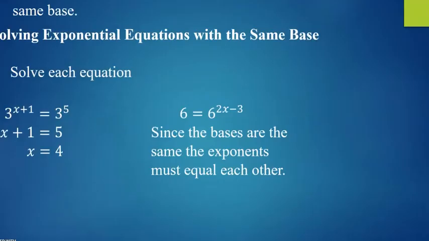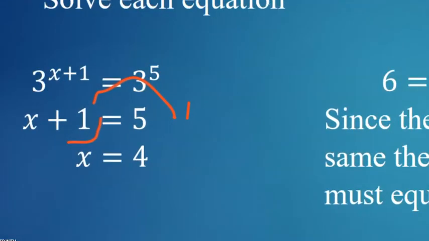Okay, they are the same. Then x equal to 5 we can easily solve by moving the 1 to the right side with the inverse sign, and then it's going to be equal to just 4.